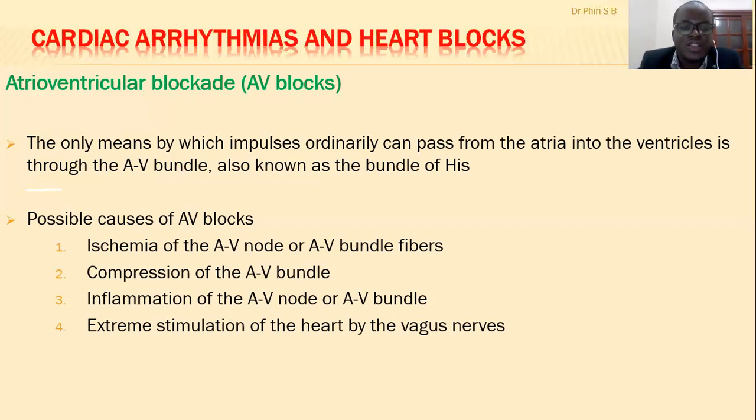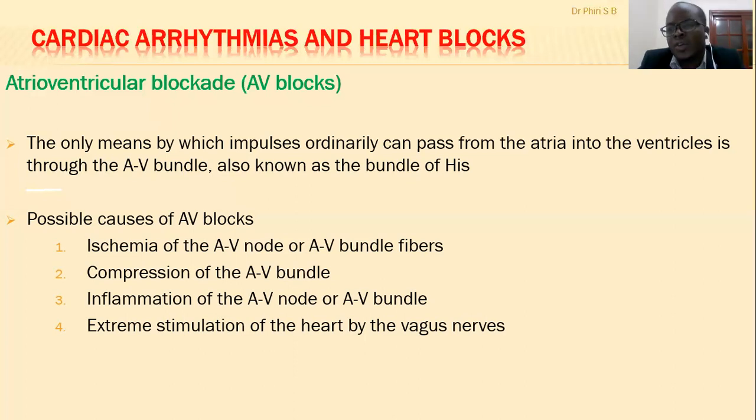Sometimes you can have extreme stimulation of the heart by the vagus nerves. To say, the vagus nerve is mainly producing acetylcholine. Remember, you have the preganglionic neuron and the postganglionic neuron. In the parasympathetics, they are all cholinergic nerves. The preganglionic is producing acetylcholine, and the postganglionic is also producing acetylcholine.